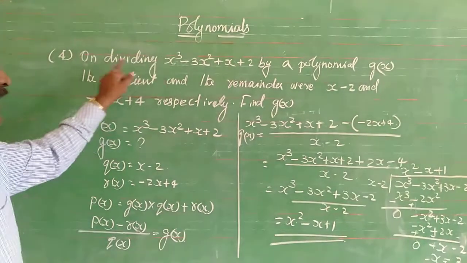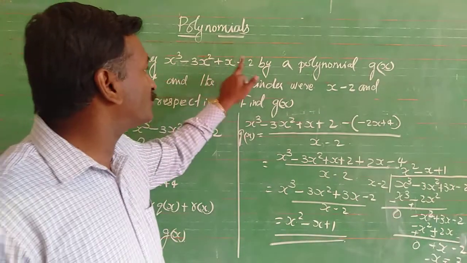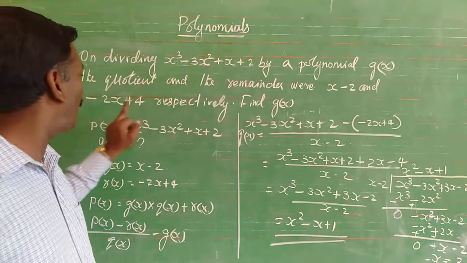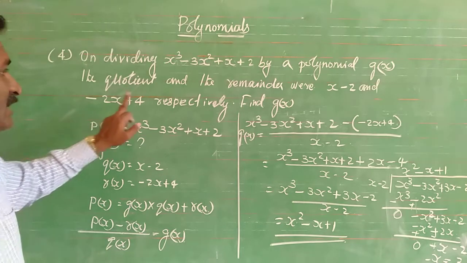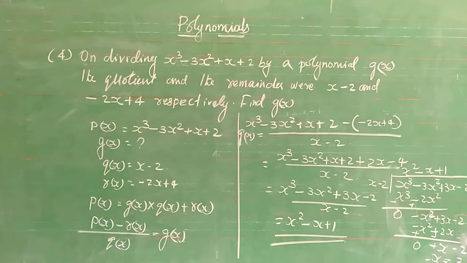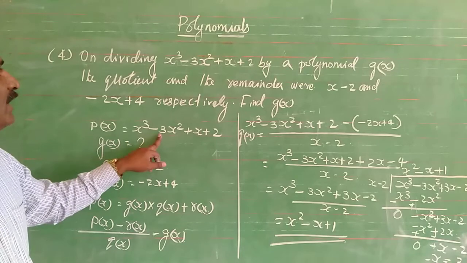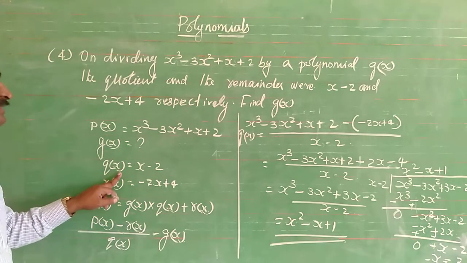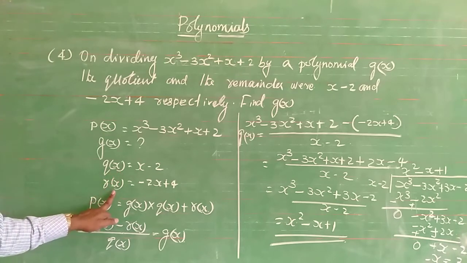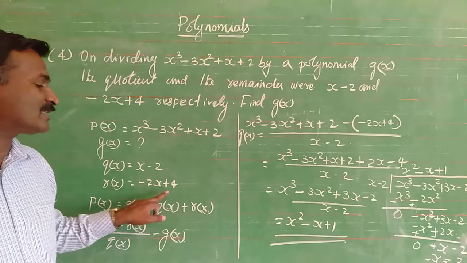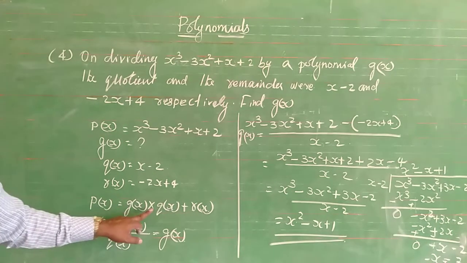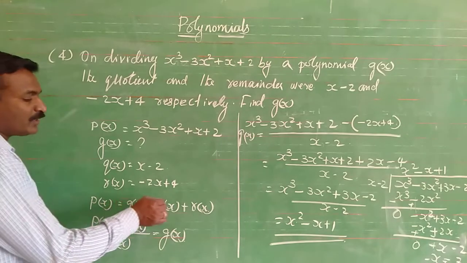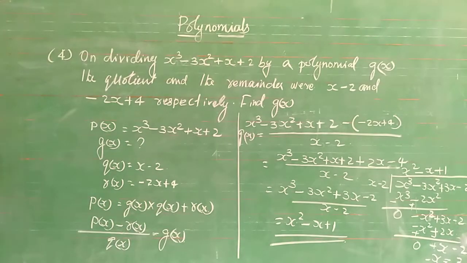Here, on dividing x cube minus 3x square plus x plus 2 by a polynomial g of x, the quotient and the remainder were x minus 2 and minus 2x plus 4 respectively. Find g of x. Here p of x is x cube minus 3x square plus x plus 2, q of x, the quotient, is x minus 2, and the remainder r of x is minus 2x plus 4. P of x equals q of x into g of x plus r of x, that means dividend is equal to divisor into quotient plus remainder.